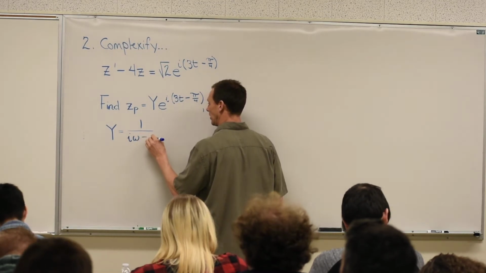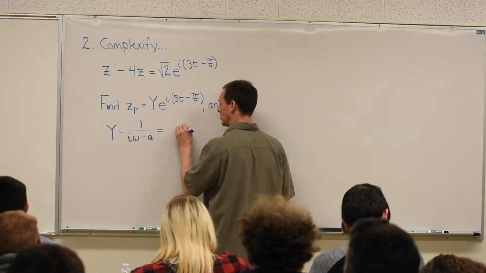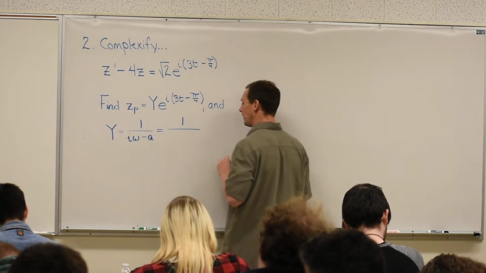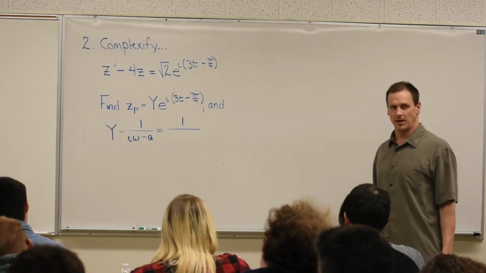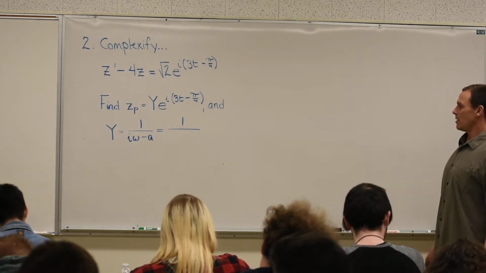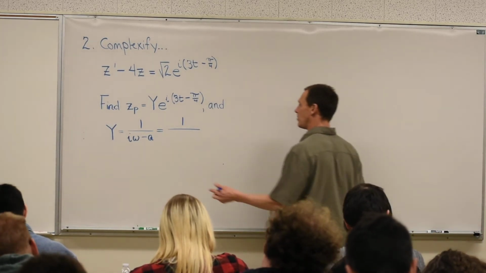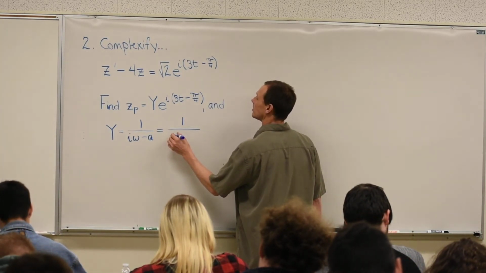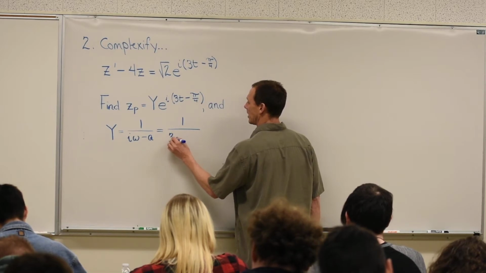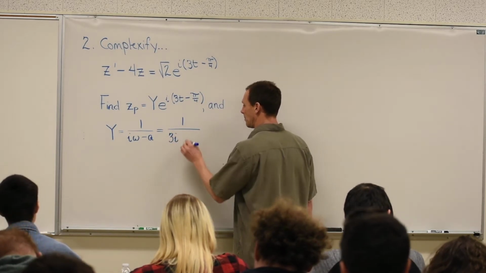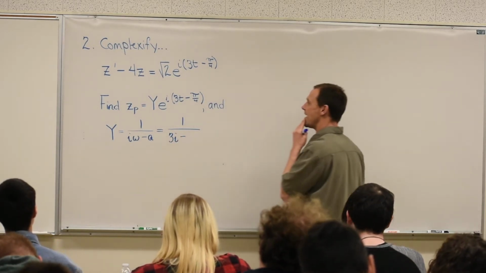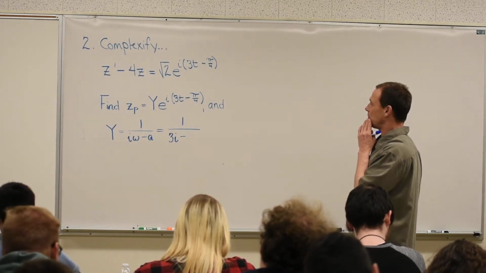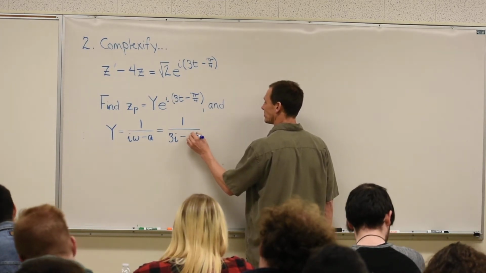i omega minus A, but that's equal to 1 over, and now we plug in our numbers. So omega was 3, so I'm going to write 3i minus A, which is 4 in this case.